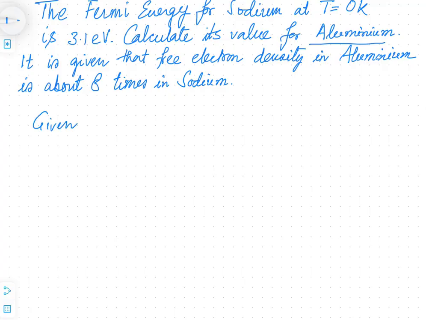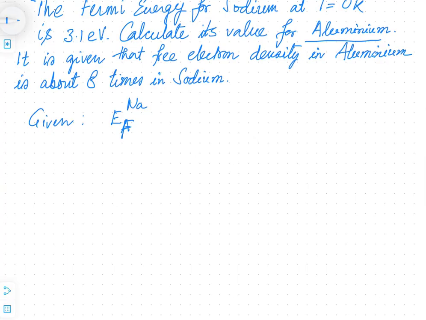Given that Fermi energy for sodium, which I write as Na, and Fermi energy as Ef, is equal to 3.1 electron volt. And Fermi energy of aluminium, we have to find it out. Okay? And what is given? Number density or free electron density in aluminium is about 8 times in sodium.